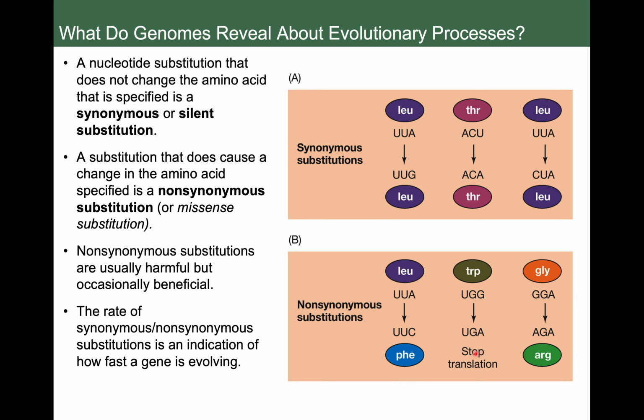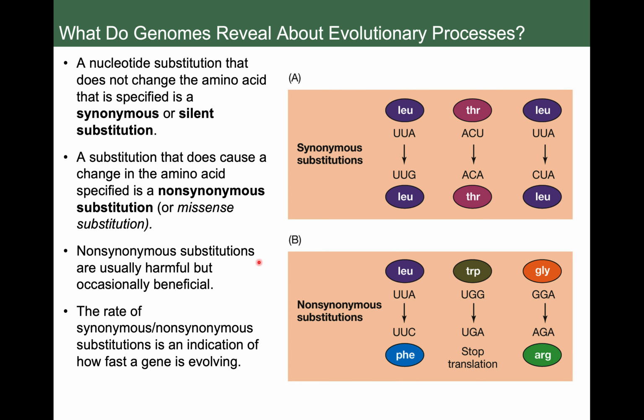So something along those lines. And again, as we discussed previously, these non-synonymous substitutions are usually going to be harmful to the organism, but on very rare occasions, the organism or the protein may derive some benefit, may gain some new function.